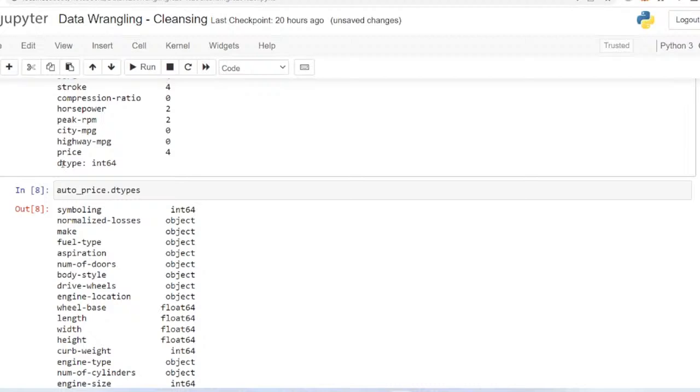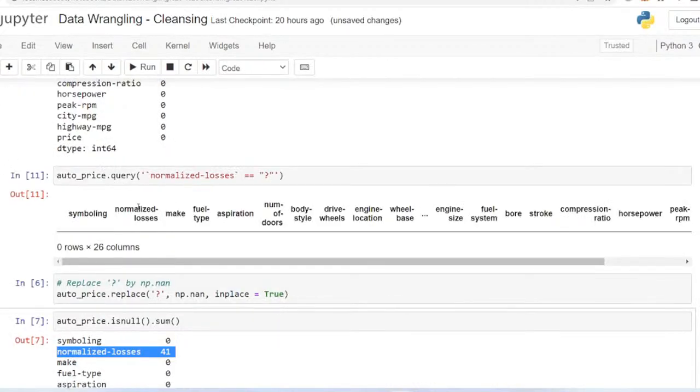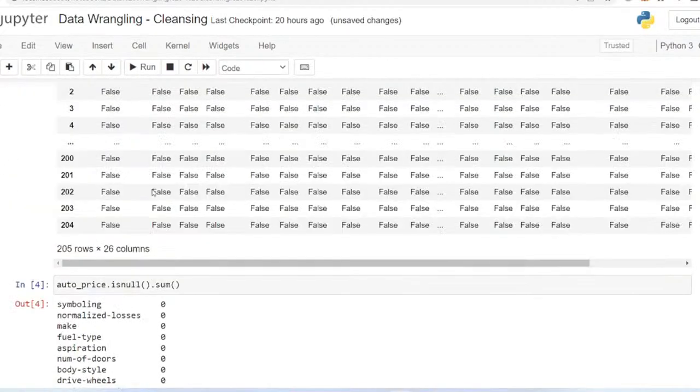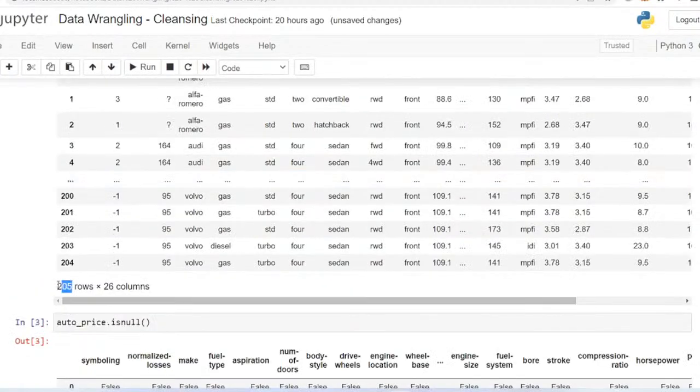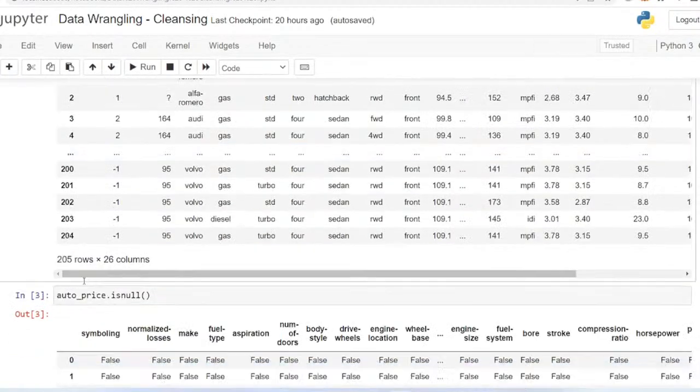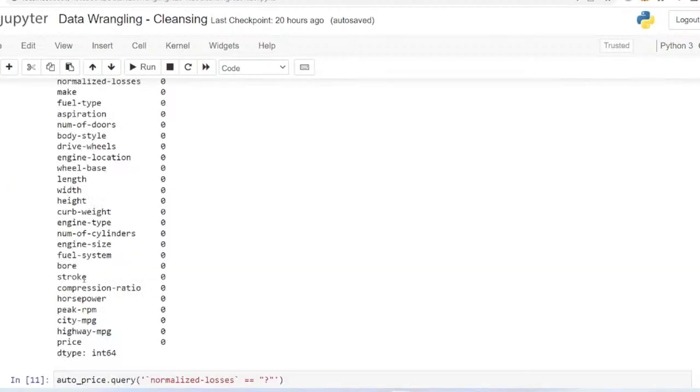How many samples are there? We have 205. Generally, if you are losing 1 or 2% of the data, that is okay.